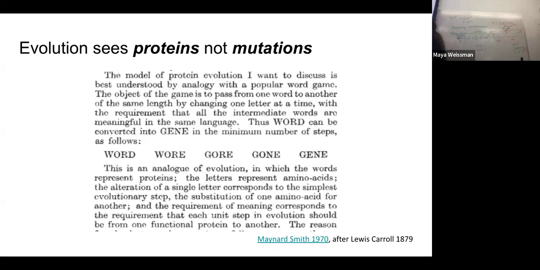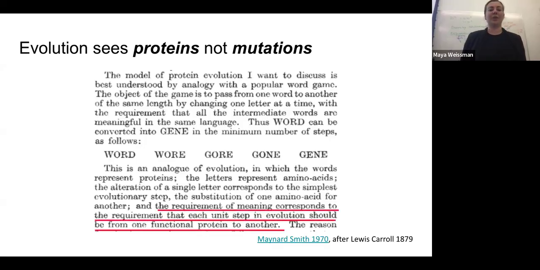Now, at this particular step, I could have also gone to W-E-R-E, or were. That's still a word, but G-E-R-E isn't a word. So central to this idea of protein evolution is a word game where we're changing letter by letter. Also, not all words are actually really words, and that means that not all steps are equal.